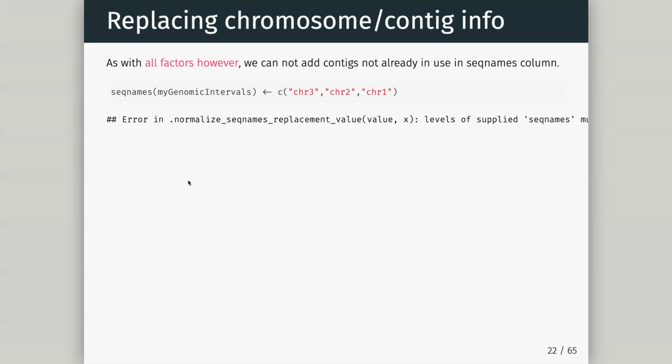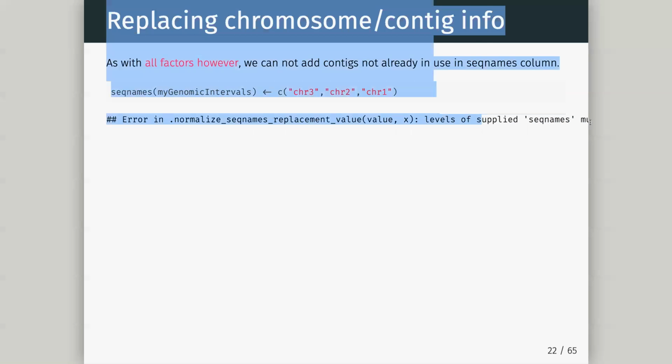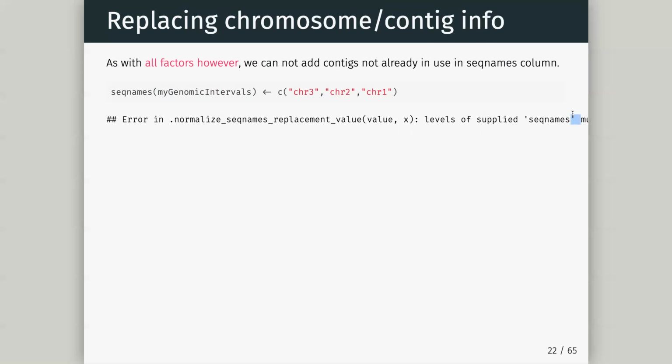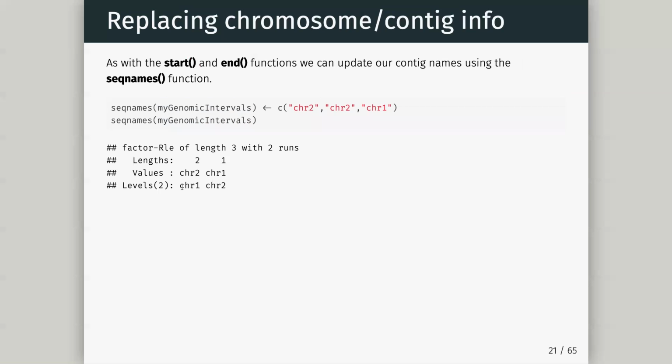So we can try that here. It's just the same rules as standard factors. If I try and change now my first seqname to be chromosome 3, look at this, error: levels of supplied seqnames must be in previous levels. So they need to be here in order to add a new seqname.